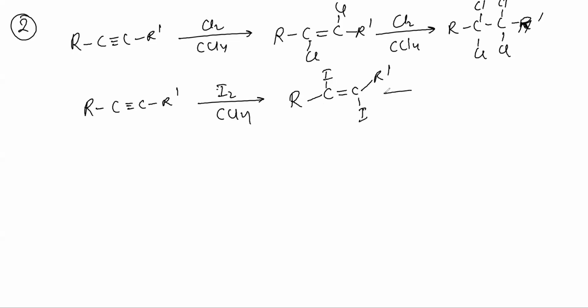Sir, but next it will go, because I2 has large hindrance. Yes, it reacts with the triple bond only, to give you the diiodo product, but it will not react with the double bond. Iodine does not react with a double bond.